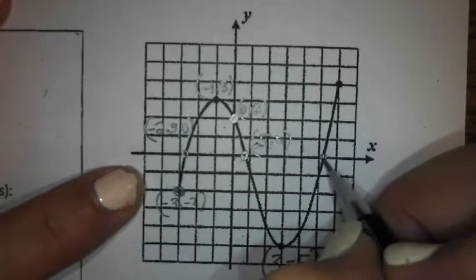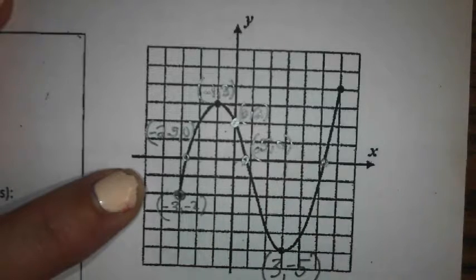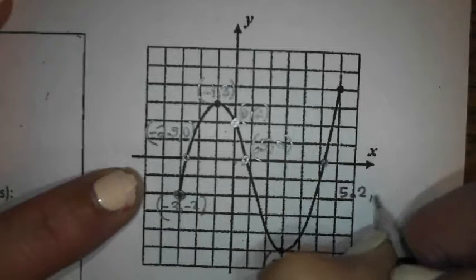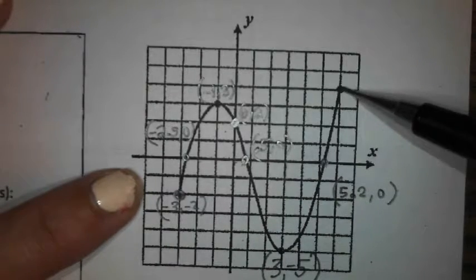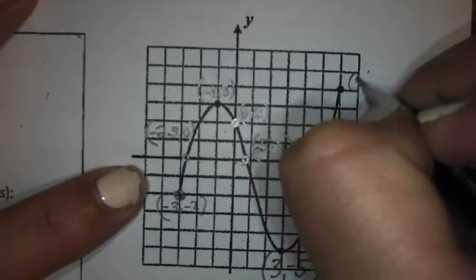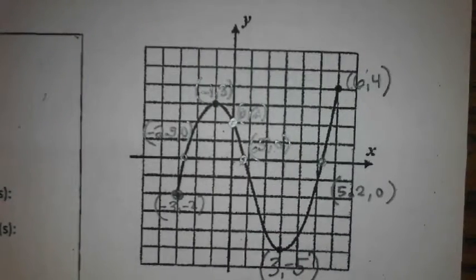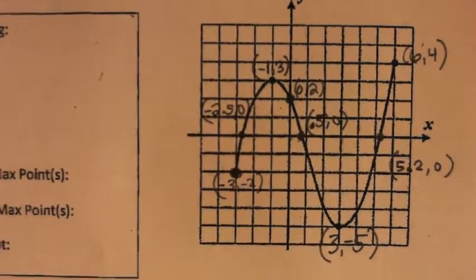Here's another x-intercept at, we'll just say 5.2. And then here's another endpoint at (6, 4). So let's get that out there first, so we're not constantly looking at our numbers.